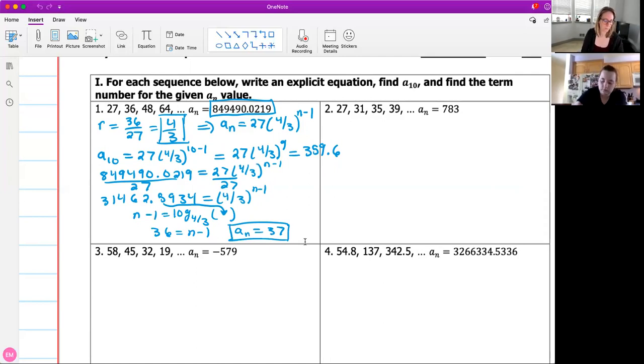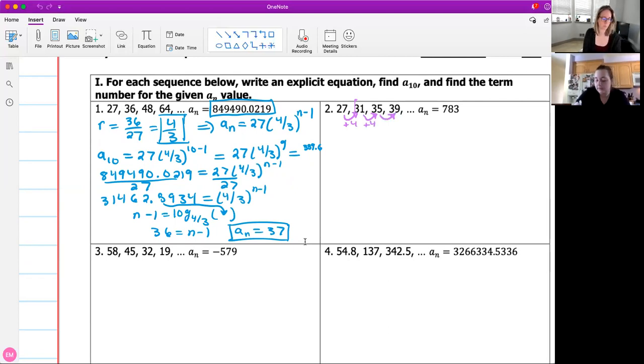Let me move this just a little bit. Okay. So then for number 2, looking at this sequence, I see that 27 to 31 is a +4. 31 to 35 is a +4.